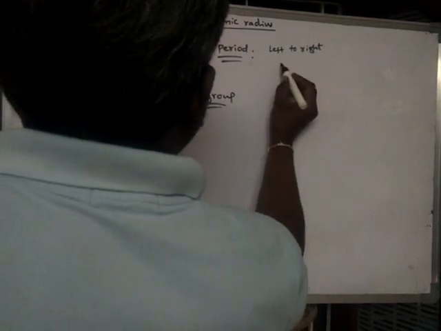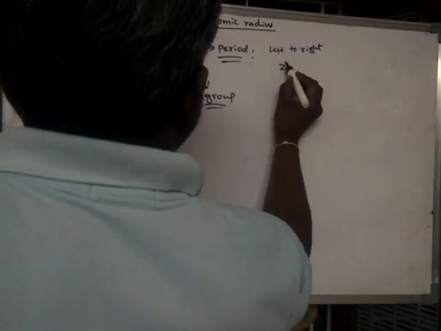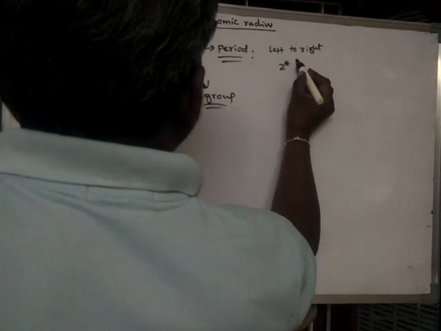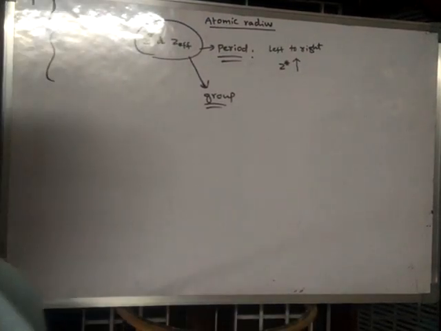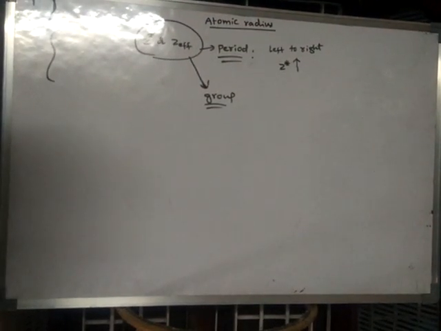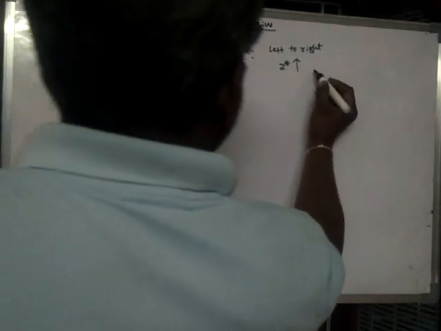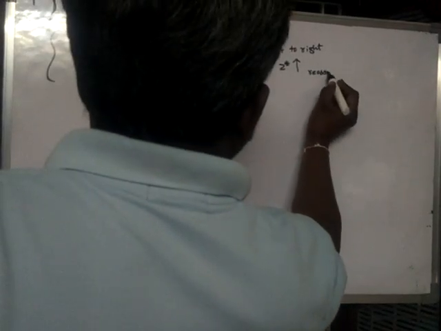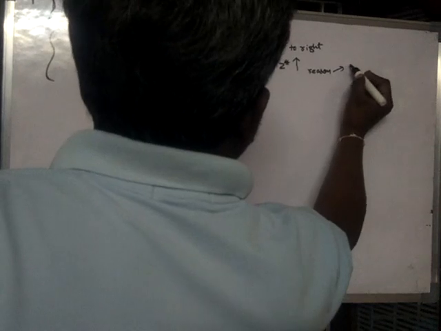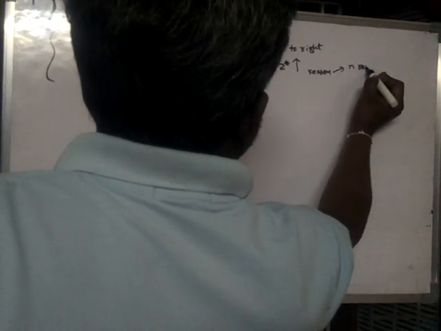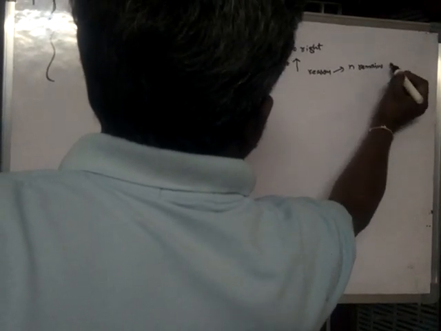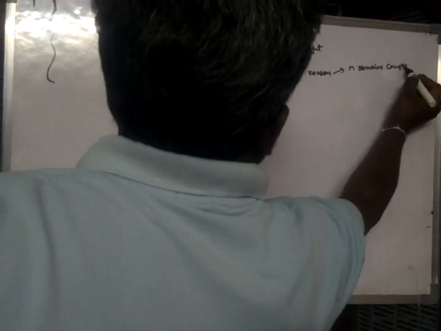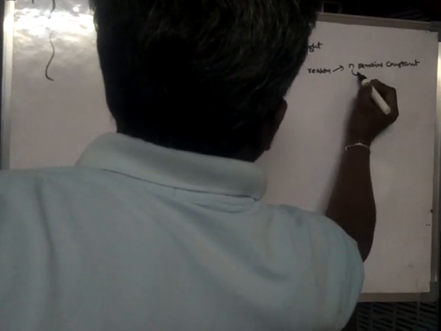From left to right, what happens? Effective nuclear charge increases. Why does effective nuclear charge increase? The reason is that n remains constant. What is n? n means orbit number.